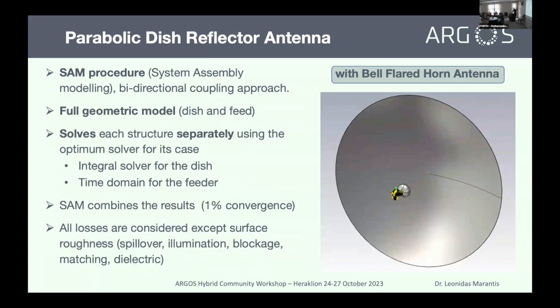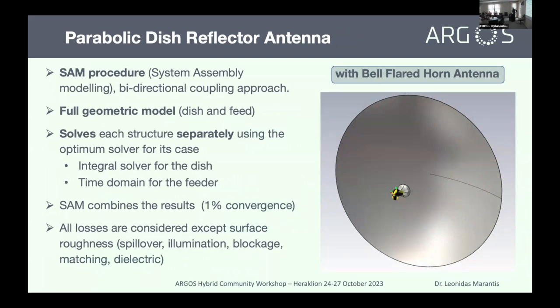We have completed the design of the feeder antenna. So now we did some simulations in CST, using also the reflector disc, the 6-meter diameter disc, and the feeder. Altogether, we followed the SAM, system assembly modeling, approach by CST.